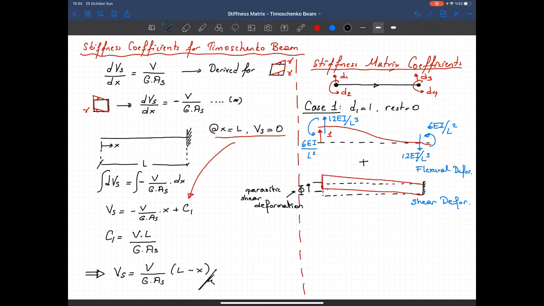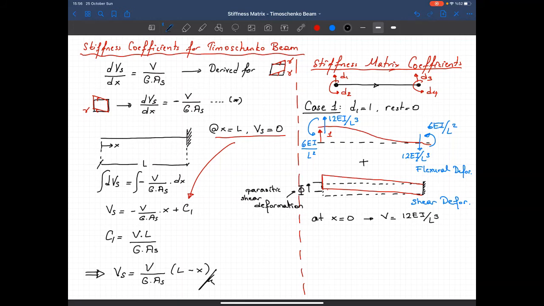Now, what is the value of that shear deformation? I will be using this equation now. So at x is equal to 0, my shear force is equal to 12EI over L cubed.